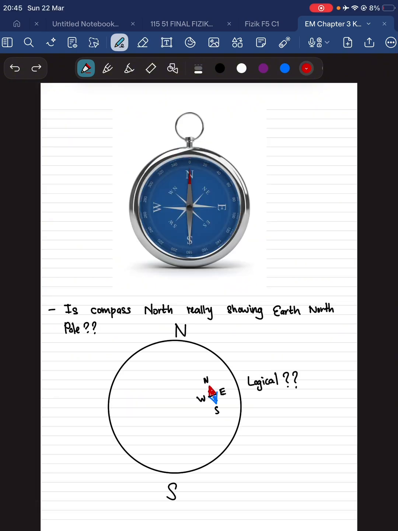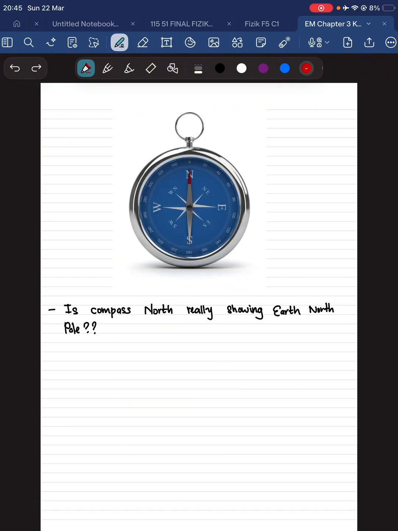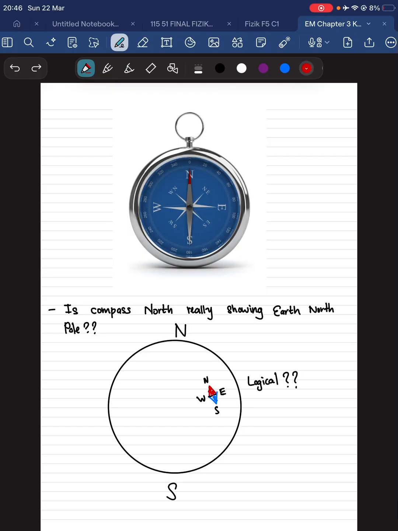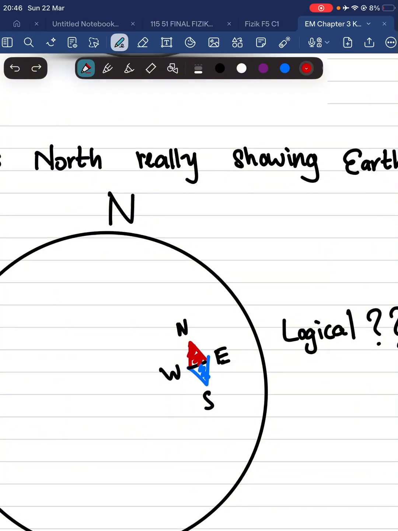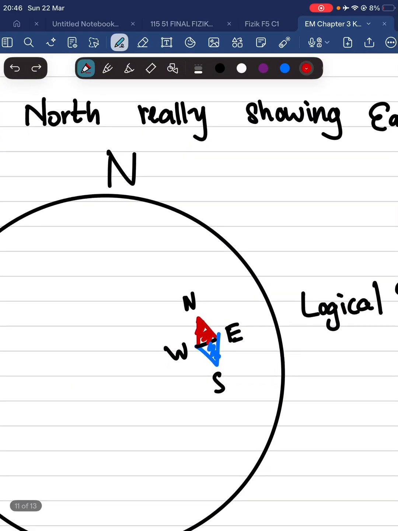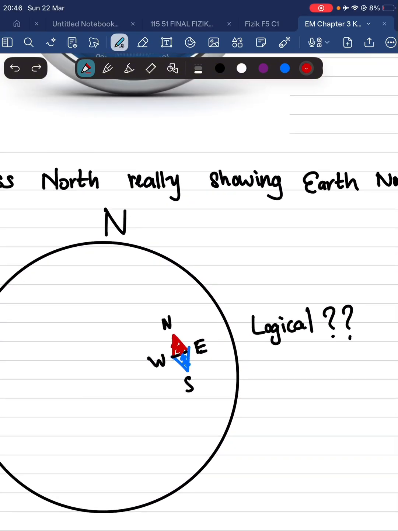Okay, next one. Is the compass north really showing the Earth's north pole? When you have a compass, is the compass really showing the north pole of our Earth? Because when you hear someone saying the north pole of the compass, do they really mean the north pole of the Earth, or is it something else?